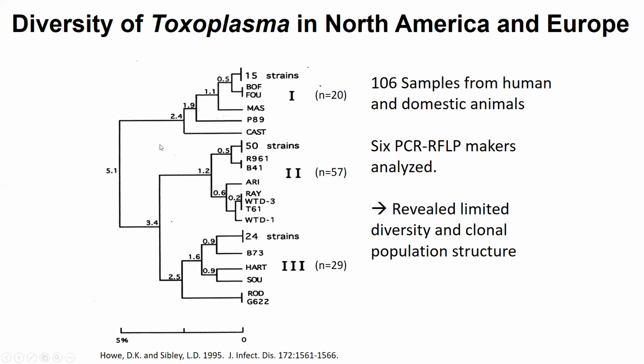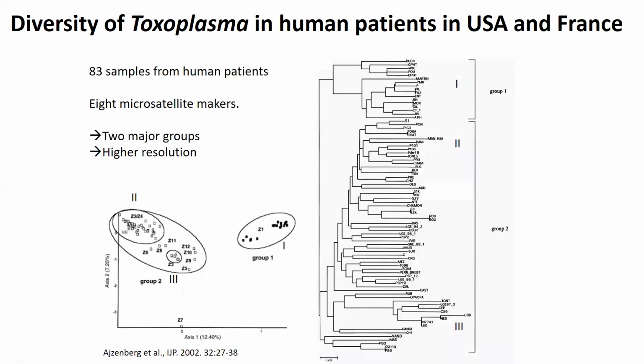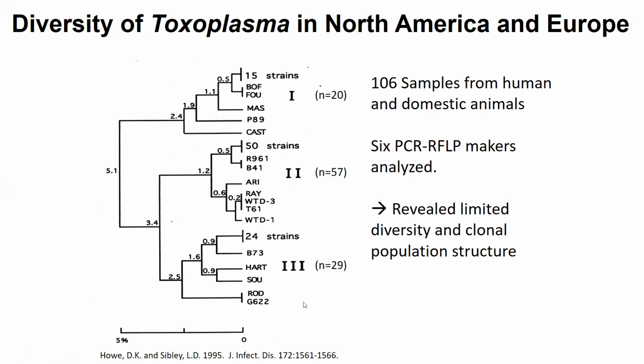Also from this phylogenetic tree, you can see type 1 is more different from type 2 and 3, so 2 and 3 are closer. If we go back to the microsatellite data, you'll see PCR-RFLP can capture the overall relationship, but it has less resolution in identifying the individual ones. So that's the difference in terms of methodology.